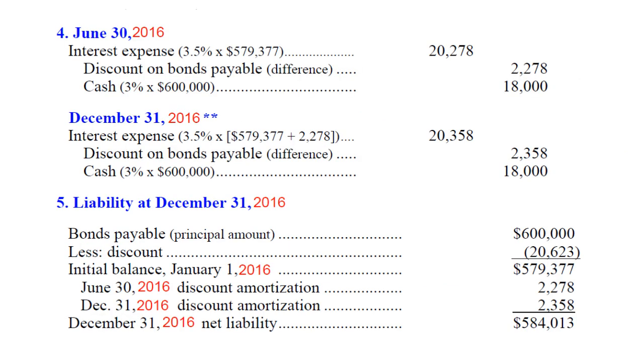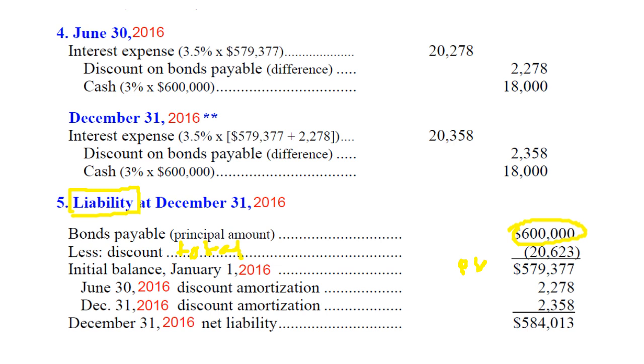So it will show as follows. First, under the liability part, there will be bond payable with the principal, which is 600,000, minus the total of the discount from the first entry of issuing the bond. We will get the present value or the price of the bond.